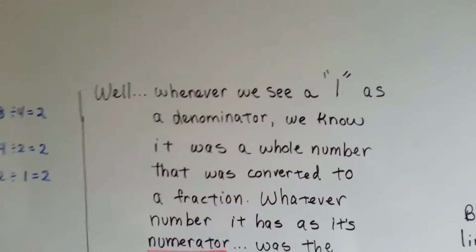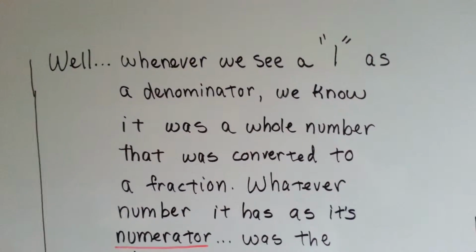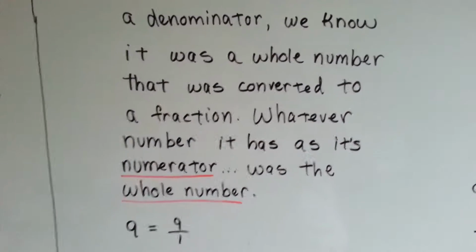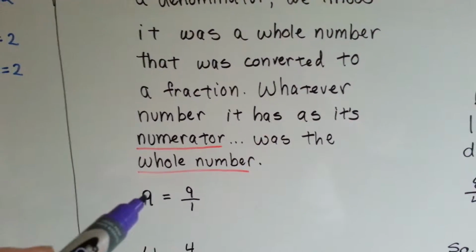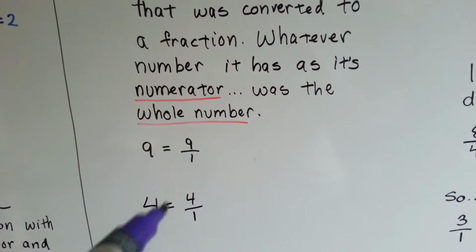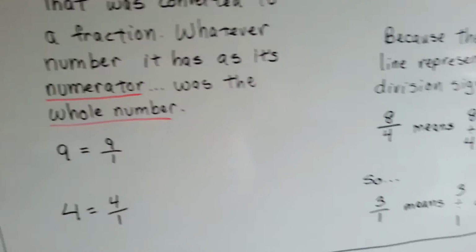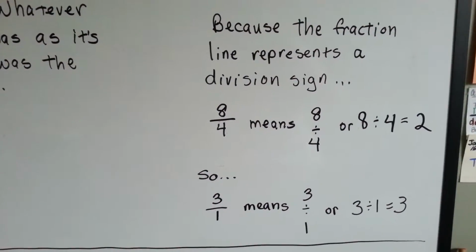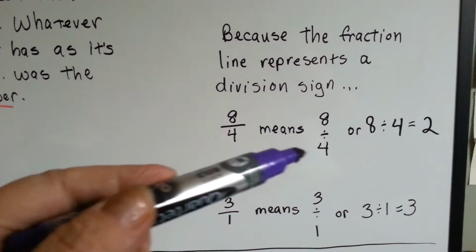Well, whenever we see a 1 as a denominator, we know it was a whole number that was converted to a fraction. Whatever number it has as its numerator was the whole number. So 9/1 is 9. 4/1 is 4 whole. Because the fraction line represents a division sign, 8/4 means 8 divided by 4.